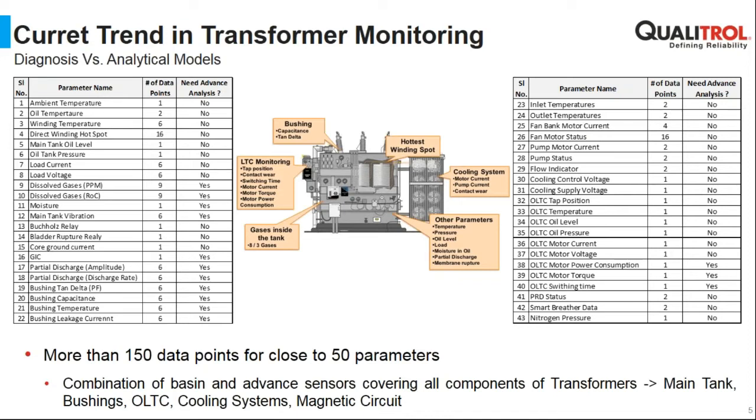And these 150 data points come from 50 different parameters. Those 50 parameters cover all the key components of transformers: main tank, bushing, OLTC, cooling system, and magnetic circuit. If you monitor all of these components, people are asking utilities to monitor up to 150 data points. And this number is never reducing, it's always increasing.